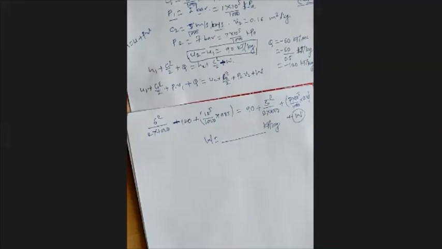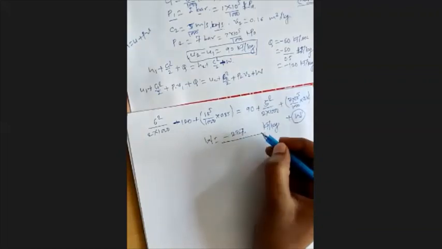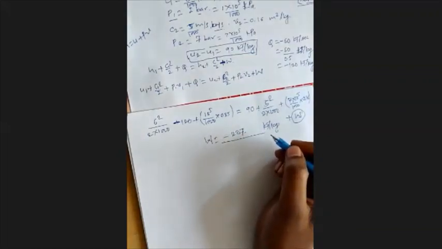Anybody got the answer? Minus 237. Very good. So W is minus 237 point something, Pratik, or exactly 237?